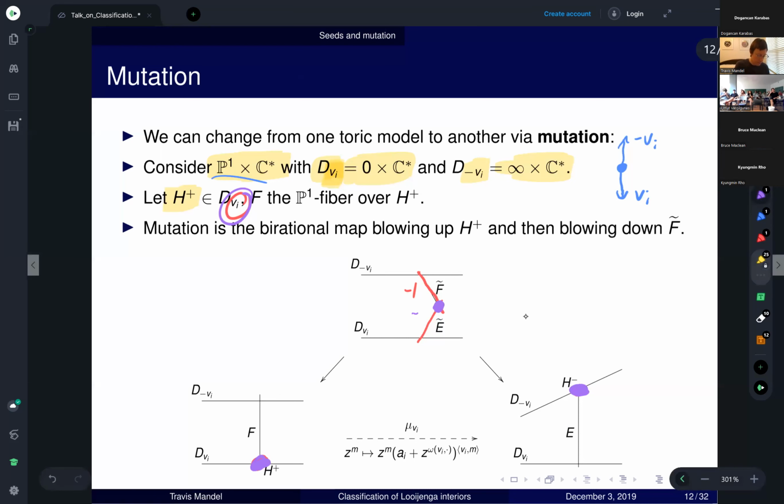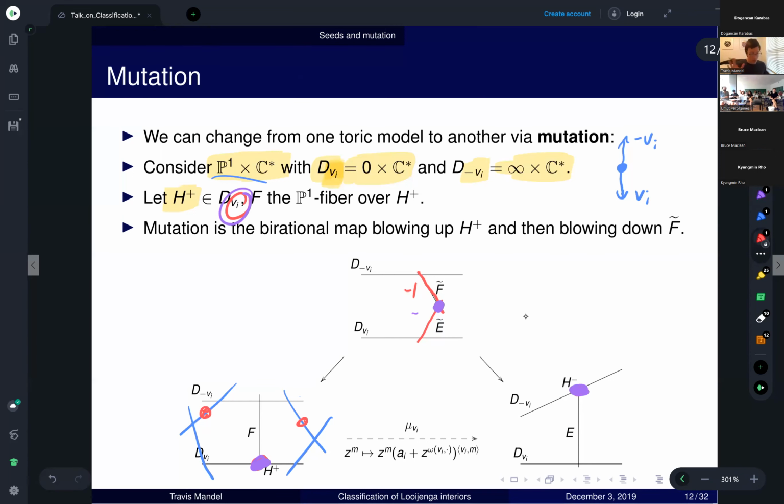Oh, is there a question? So how is it easy to see how the toric model changes? Like you have to do some toric blowups so that you have the other boundary component in your model or something like that? Yeah, if we had maybe some other V_I's, but let's say we didn't have the top thing.